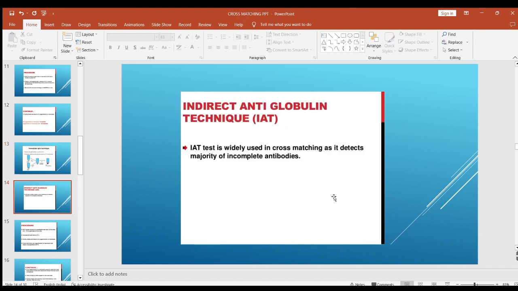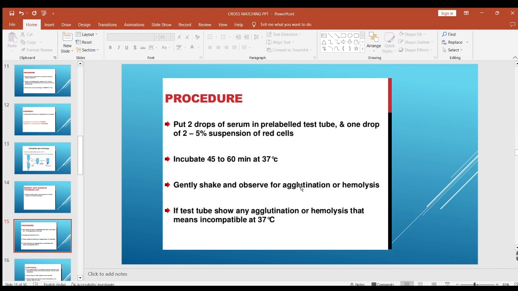Next, we'll move on to the indirect antiglobulin technique. The IAT test is widely used in cross-matching as it detects the majority of incomplete antibodies. Next, the procedure: put 2 drops of serum in a pre-labeled tube and 1 drop of 2 to 5% suspension of red cells, which is incubated for 45 to 60 minutes at 37 degrees centigrade.